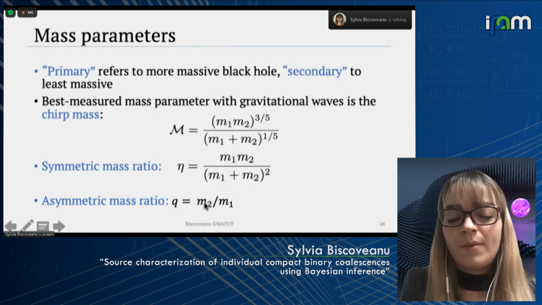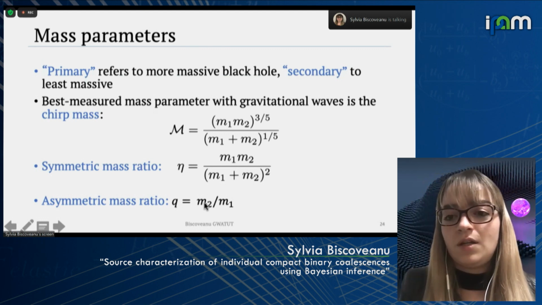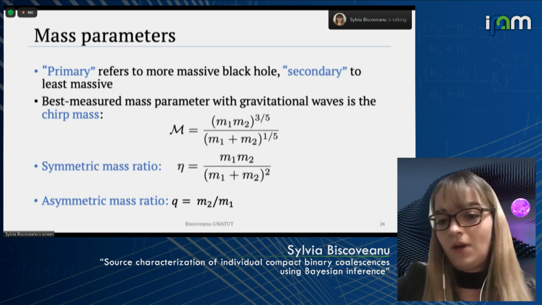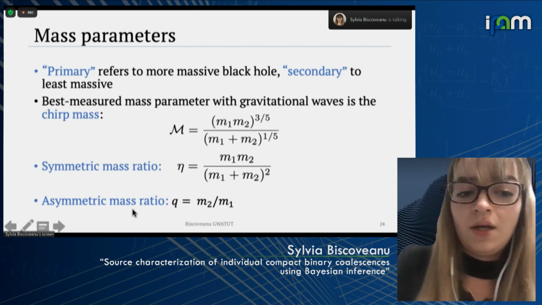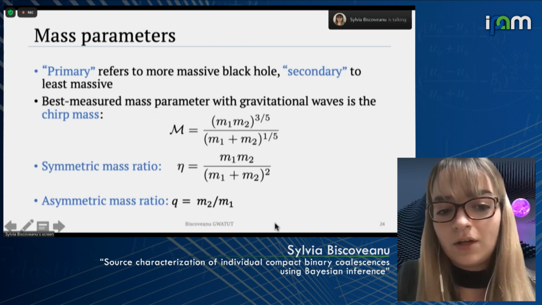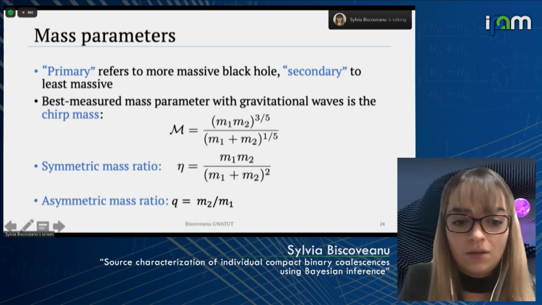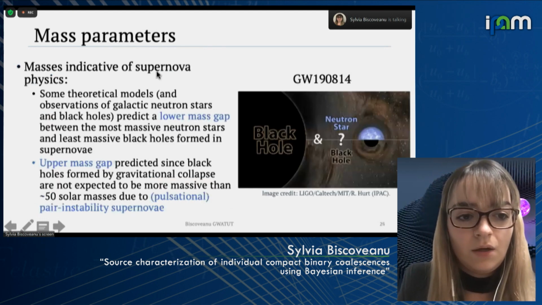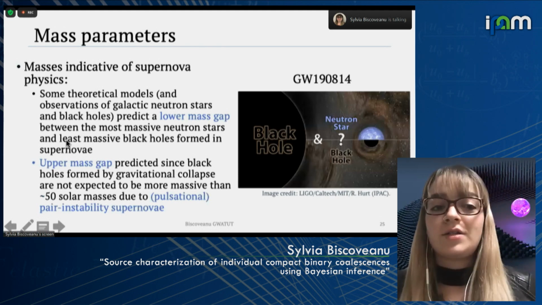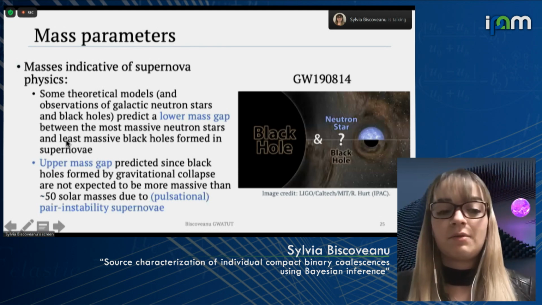But for parameter estimation, it's just more convenient to sample in a bounded parameter rather than one that has infinite prior support. So instead of letting q go out to arbitrarily large values, it's just easier to bound it between 0 and 1.